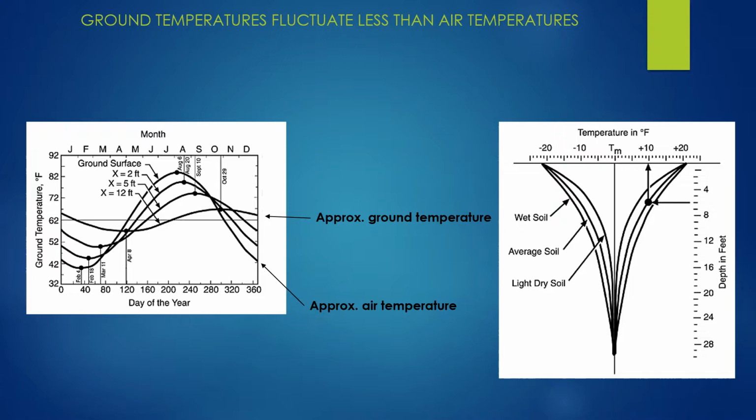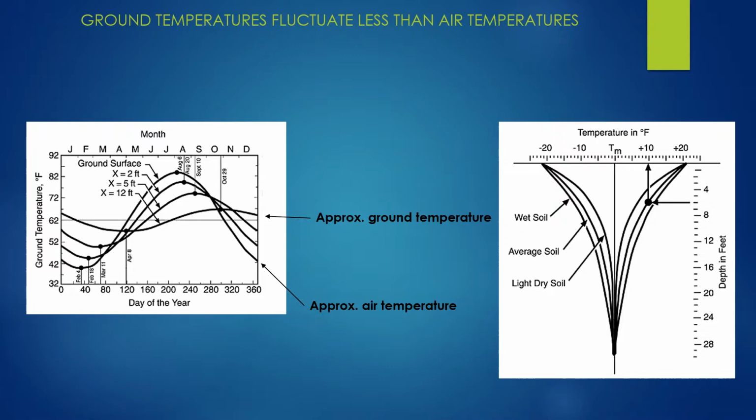As we mentioned, ground temperature fluctuates much less than air temperatures. You can see here on the left, at different depths, the fluctuation in ground temperature in degrees Fahrenheit throughout the days of the year.